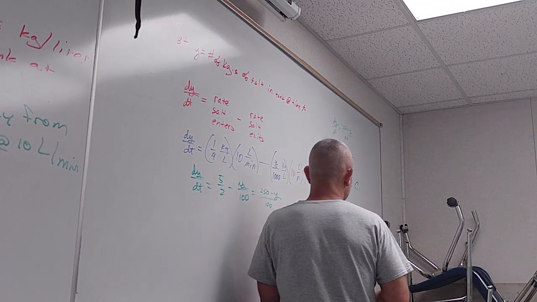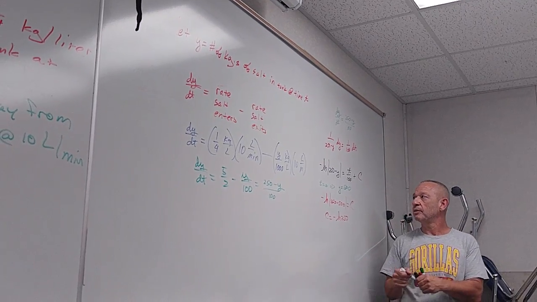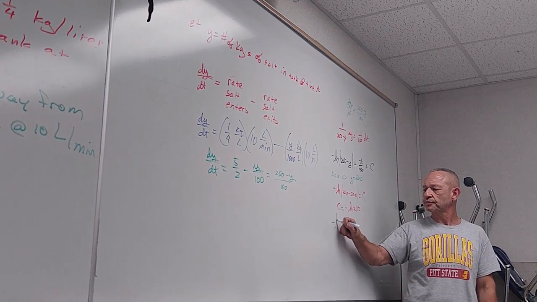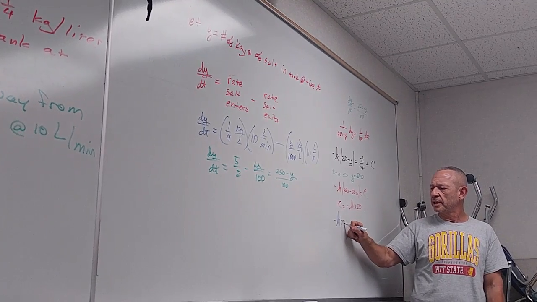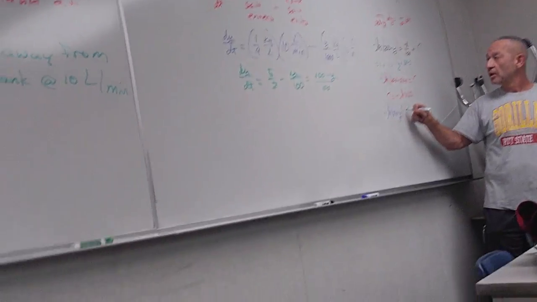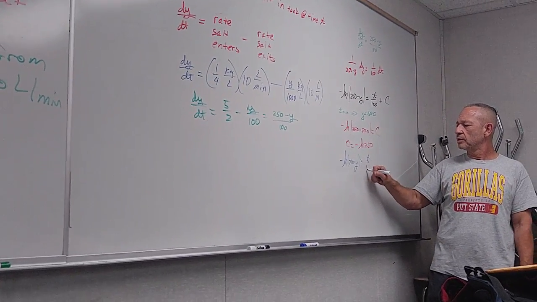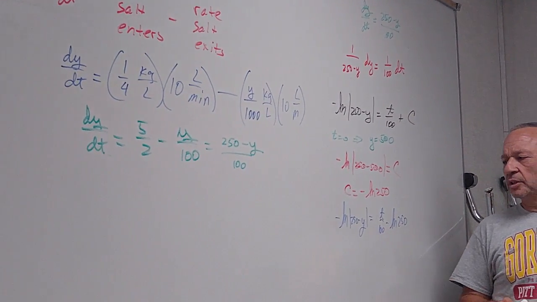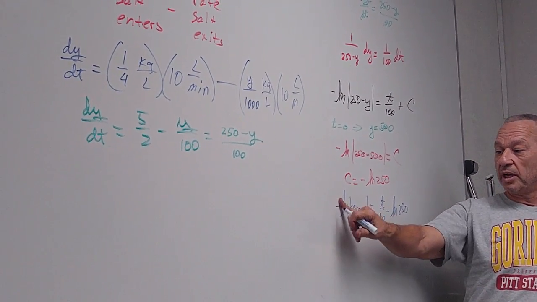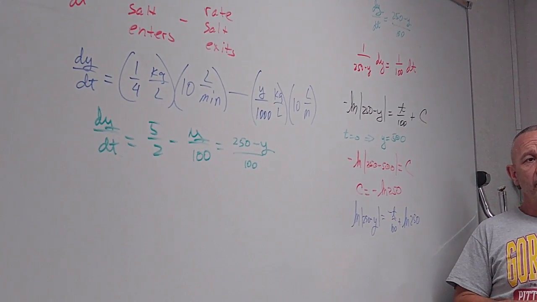Now I can write the equation with a bit more specificity. I can say minus the ln of the absolute value of 250 minus y is equal to t over 100 minus the ln of 250. Or maybe we'll get rid of the minus sign by putting a plus there and a minus there.